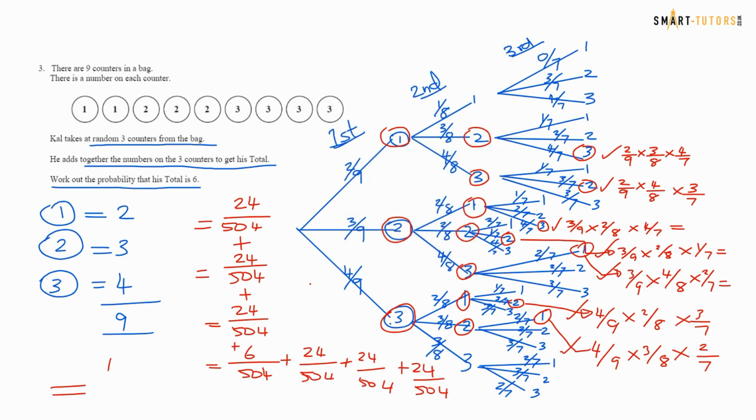So 150 over 504, which is 75 over 252, and you can still simplify by 3: 25 over 84. So 25 over 84 is our simplified answer.